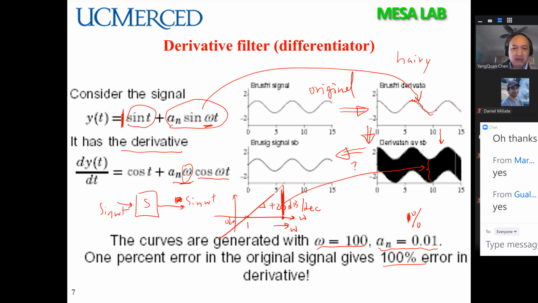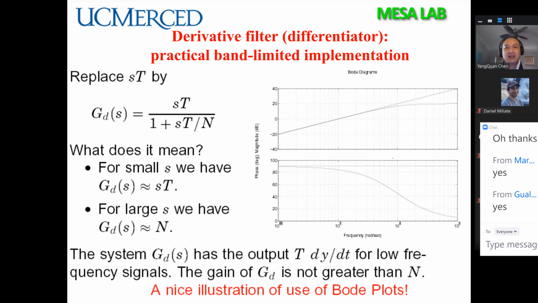How? The idea is, you have S in here. This is bad, okay? But doesn't matter. If I do something like this, I do tau S plus 1. So what do we call this one? This is called a low pass filter, okay?